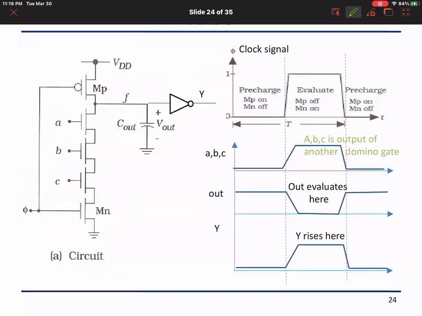Now here in this example, we're assuming that A, B, C are the output of another domino gate. So they only rise during the high clock, and then they fall. Initially they are zeros. The clock is low, so this is on, this is off, so this is going to charge the output, so the output node F will be high.